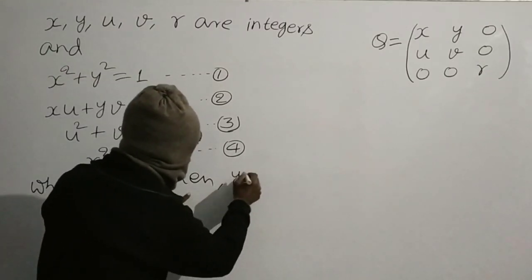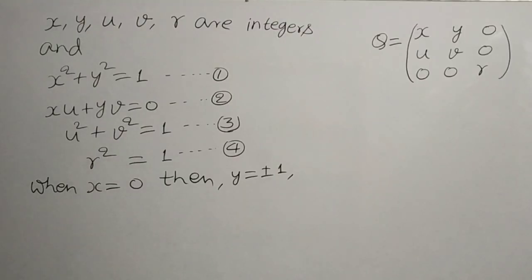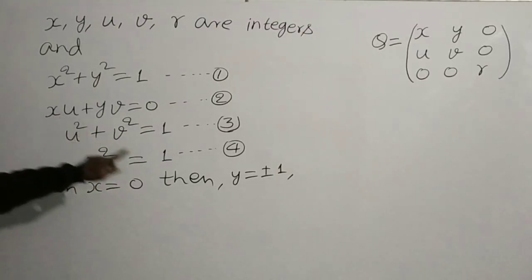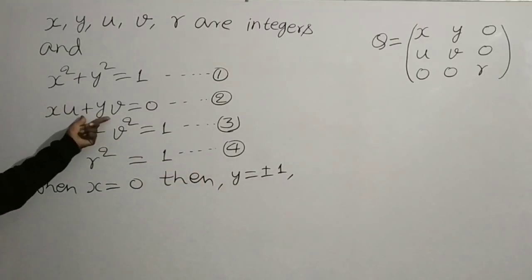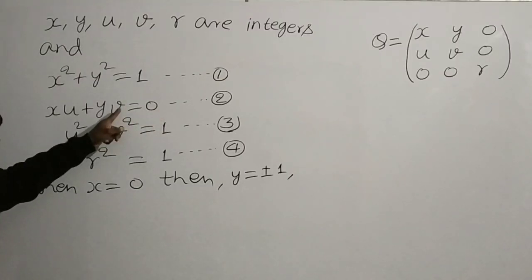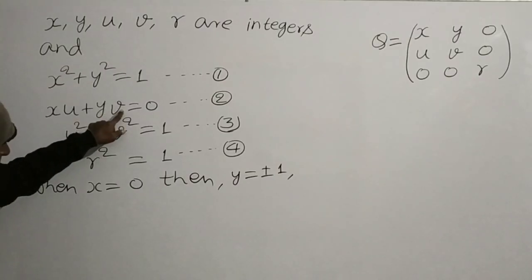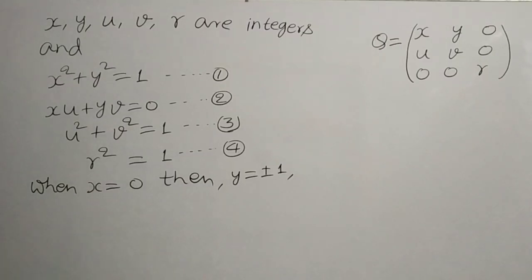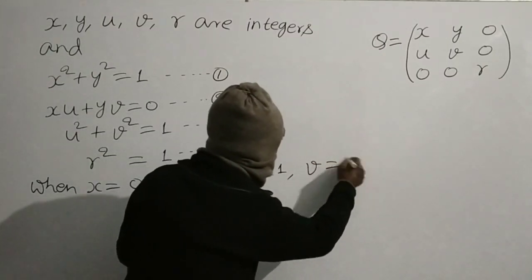That means y is equal to plus minus 1. When we put 0 in place of x and plus minus 1 in place of y, this condition can be satisfied only if v is 0, because plus minus 1 times v will be 0. This implies v will be 0.